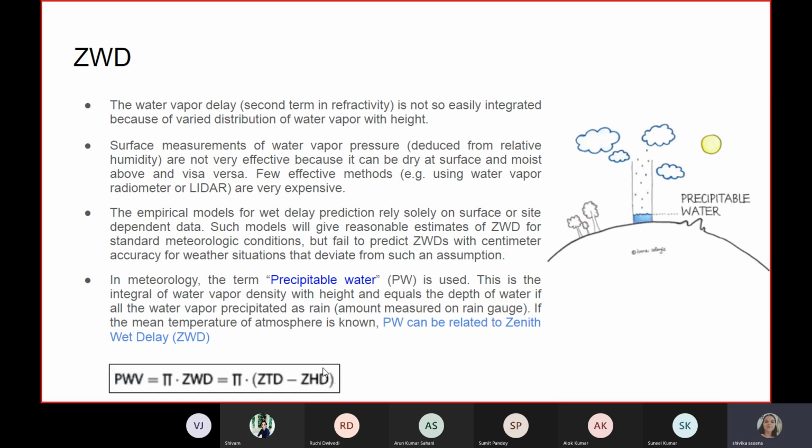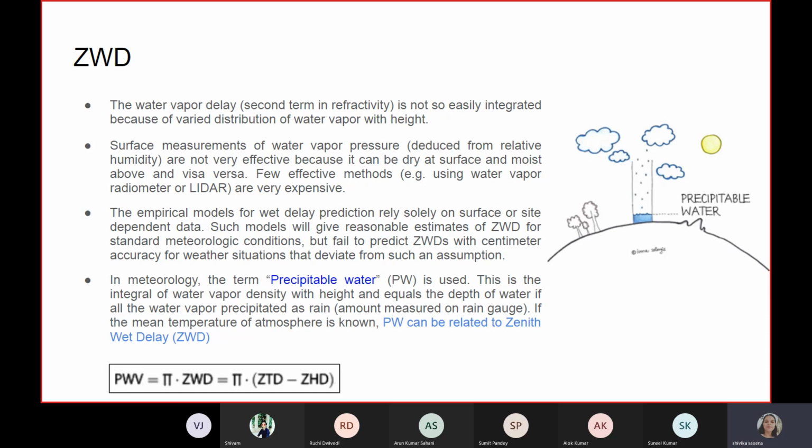ZHD is modeled using empirical models like Saastamoinen and Hopfield. And the subtraction of these two terms will yield us the ZWD. So this is how efficiently we compute ZWD rather than measuring or modeling it itself. I hope this is clear. If you have any doubts, you can ask.